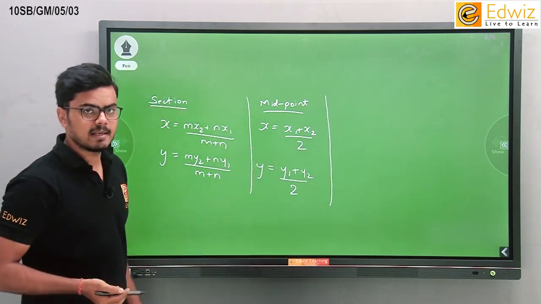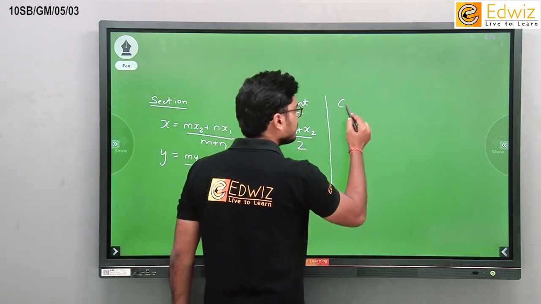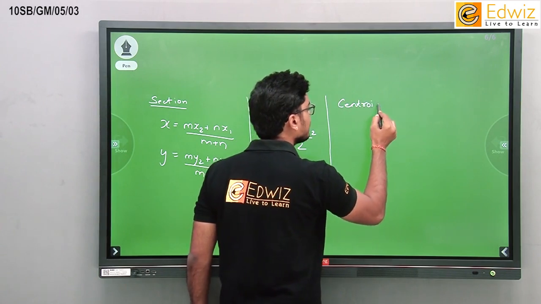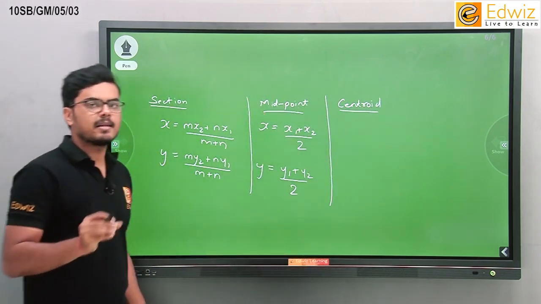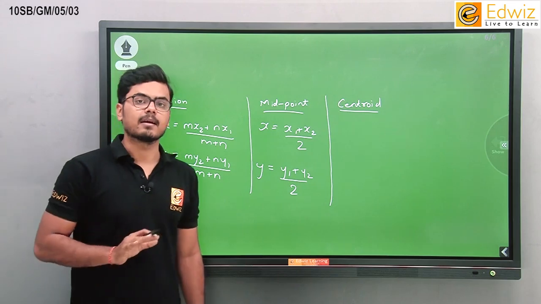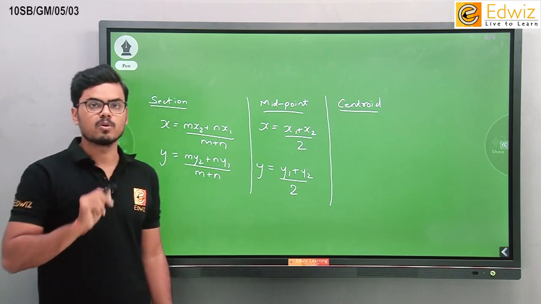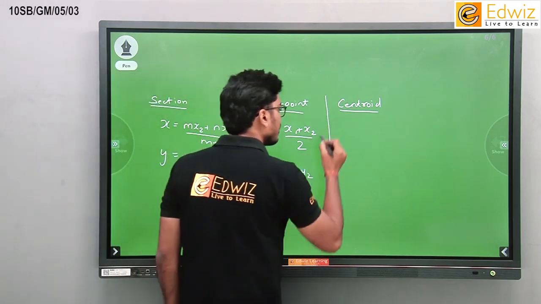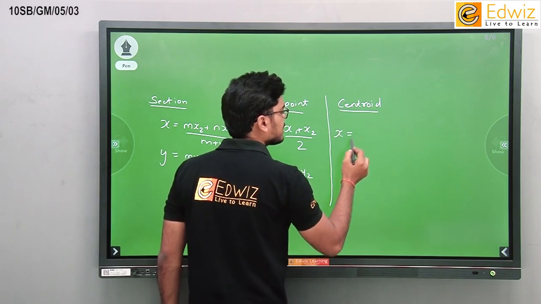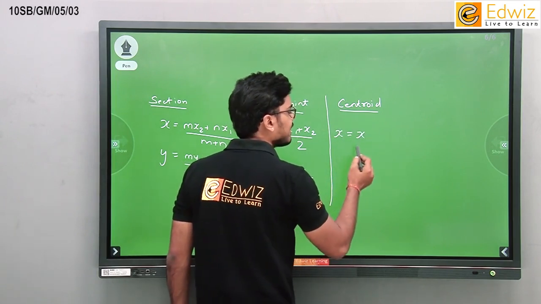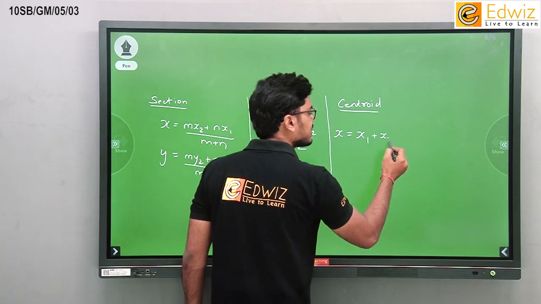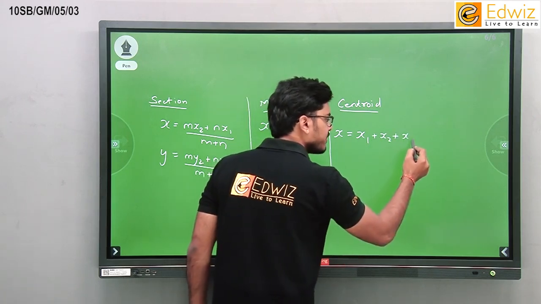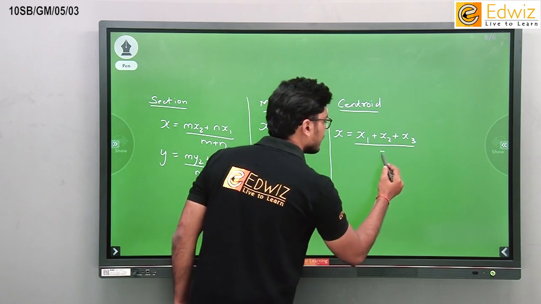Okay, and finally there is the centroid formula. ये कब यूज होता है? When we have to find out the coordinates of the centroid of any triangle, जिसका तीनों vertices हम लोगों को known है. Okay, so centroid will be equal to, x coordinate क्या होगा centroid का? First vertex का x coordinate plus second vertex का x coordinate plus third vertex का x coordinate divided by 3.